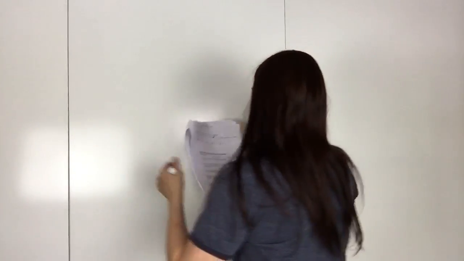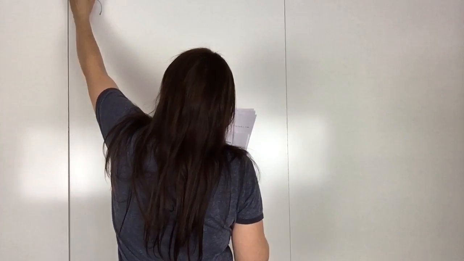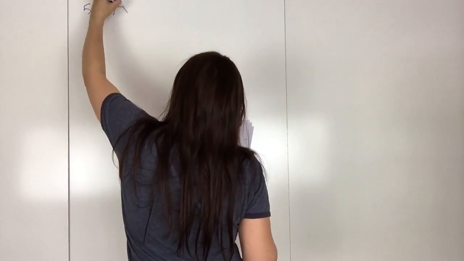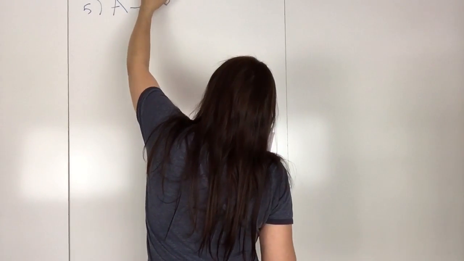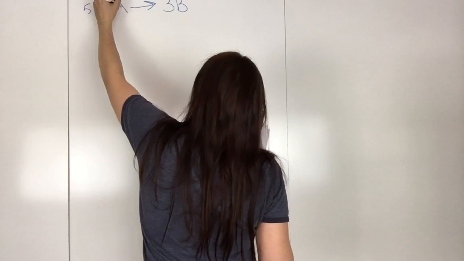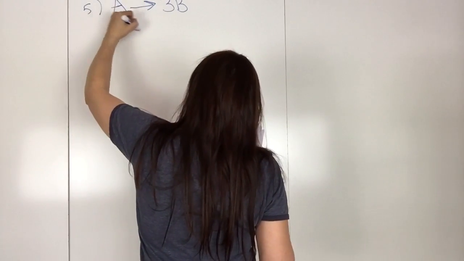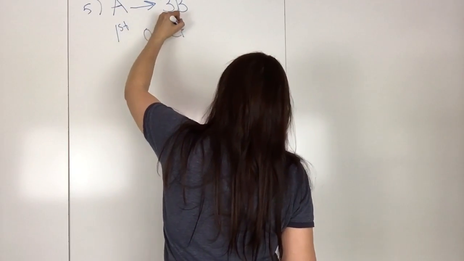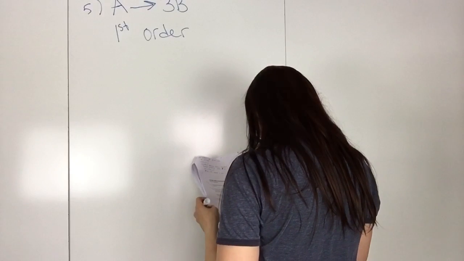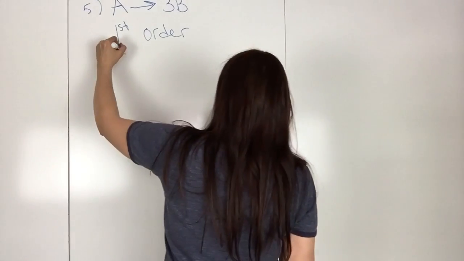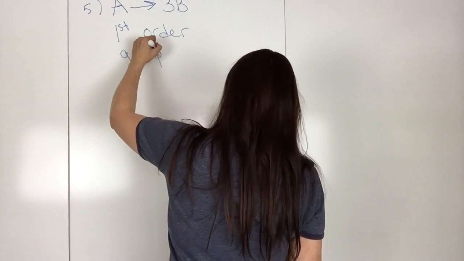Number 5 says the first order gas phase reaction, so you can write that down. We know the reaction is A to 3B. We know it's first order. We know it's gas phase.